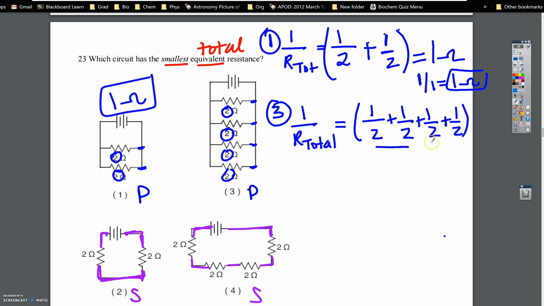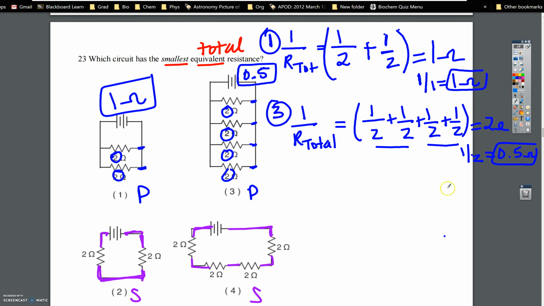So 1 here and 1 here, that is equal to 2 ohms. But we know that is not my final answer. I have to take the inverse. So 1 over 2 ohms is just 0.5 ohms. So we're not done yet. We really do have to calculate the rest of these problems.